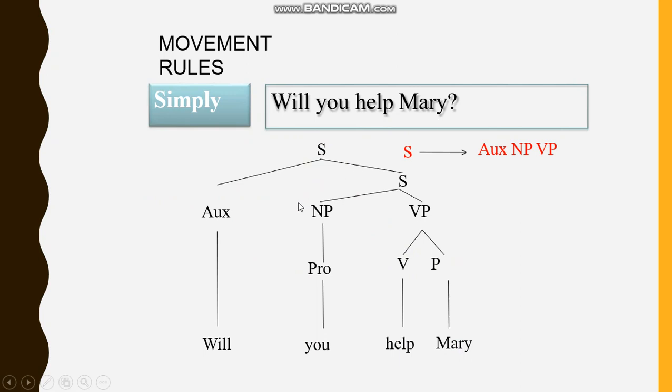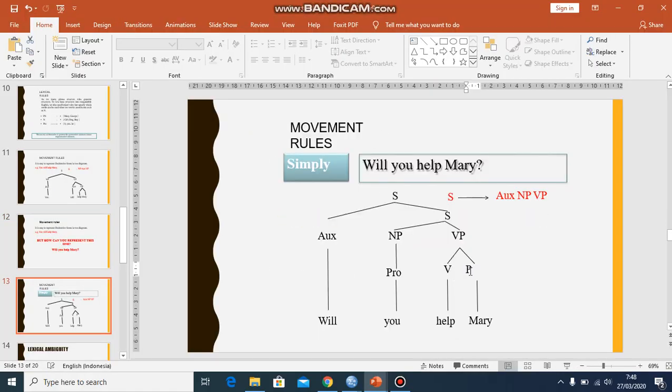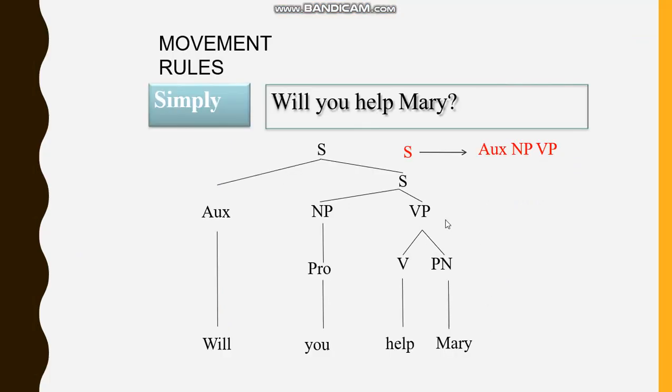So we move the auxiliary outside. With the auxiliary outside, we still have sentence, noun phrase, verb phrase, pronoun you. Then we have the verb phrase, verb, and proper name.